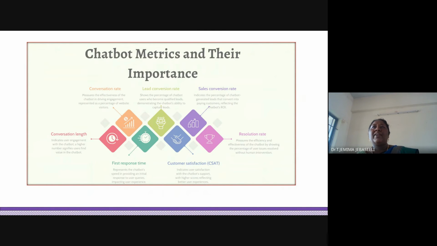Okay, so whether it was a short communication and within that time the user was satisfied, or only after a long conversation the user got satisfied. So all those things you have to measure. Behind this, there is a formula. So you apply the formula, do the metrics, and in your system also you have to give analytics on these kind of metrics.